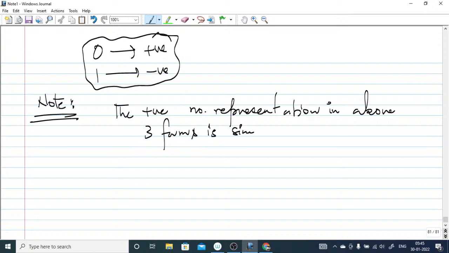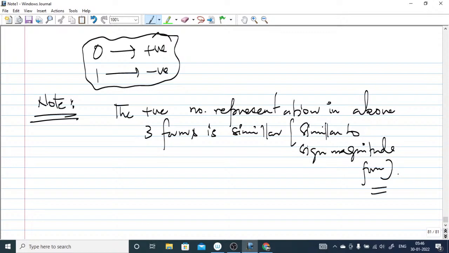So you don't have to worry about that. Positive numbers are similar to sign magnitude form only. This is clear.